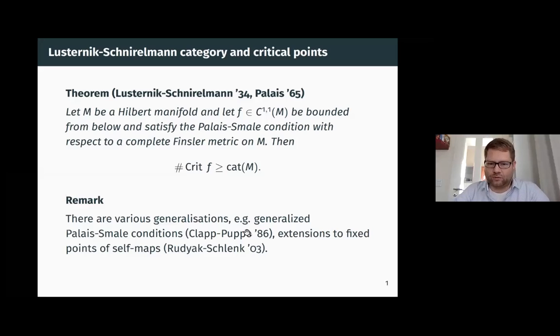For example, Klapp and Puppe in the 1980s have worked out some generalized Palais-Smale conditions which relax this a bit. And there's a nice topological description by Rudyak and Schlenk, which extends the theory to fixed points of self-maps of topological spaces, where critical points can be seen as fixed points of gradient flows. And so generalizing it in that respect.